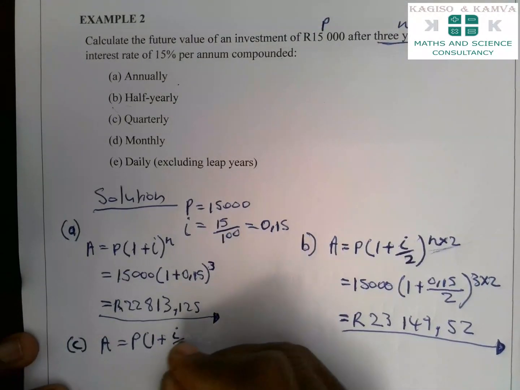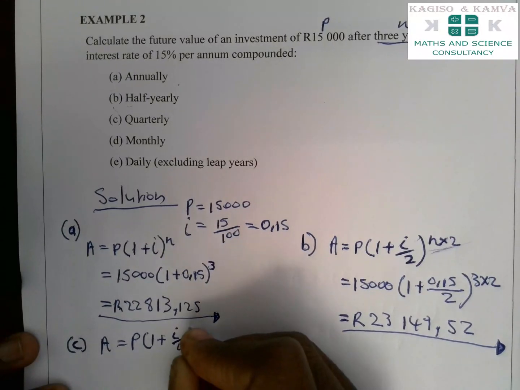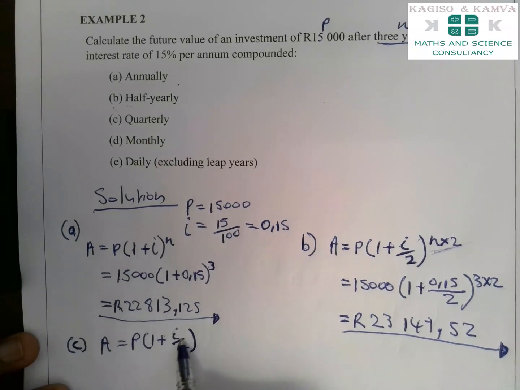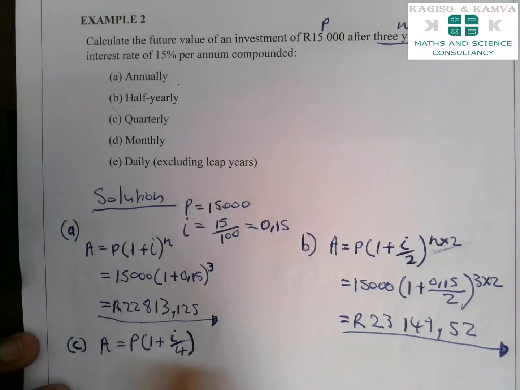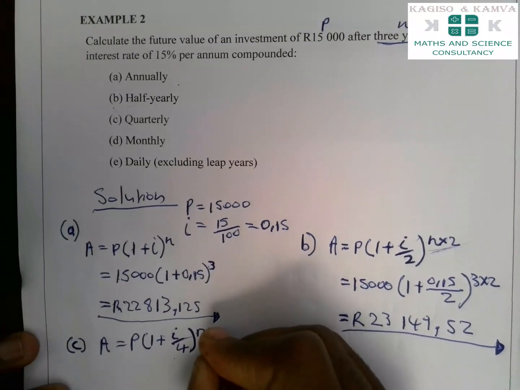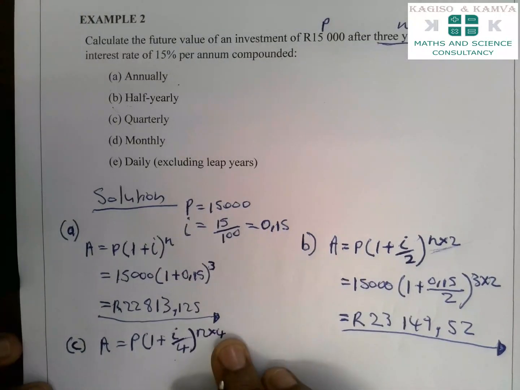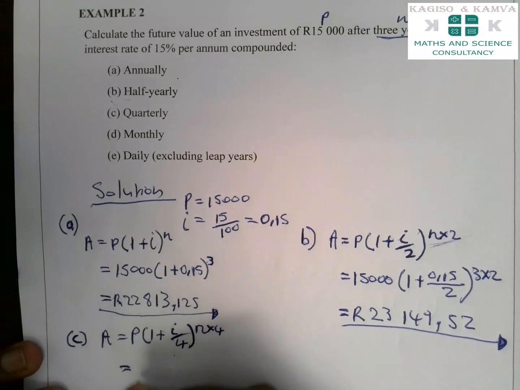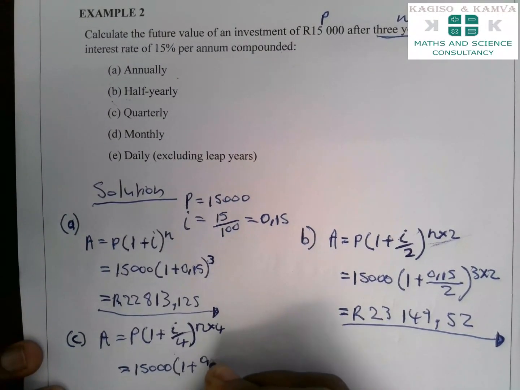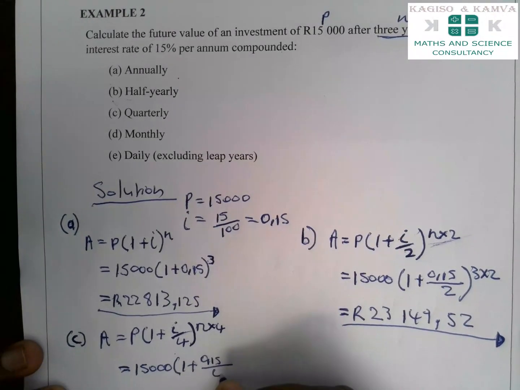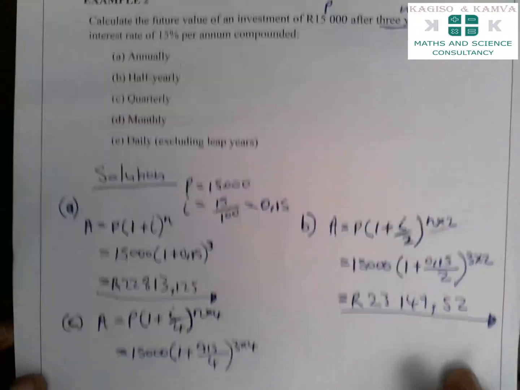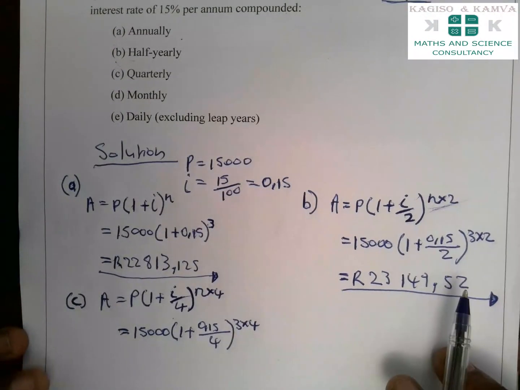So this is going to be divided by 4, because the interest is per annum, but it's going to be divided into 4 parts, because for every 3 months we need to put interest, and this is going to be n times 4. So we're going to have 15,000 (1 + 0.15 over 4) to the power 3 times 4. So we are going to have 12 periods in 3 years.